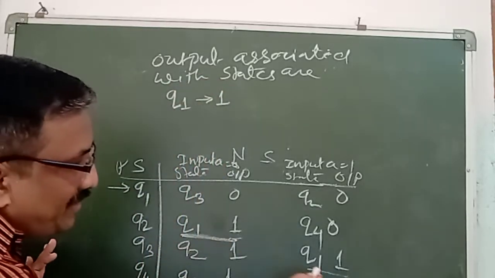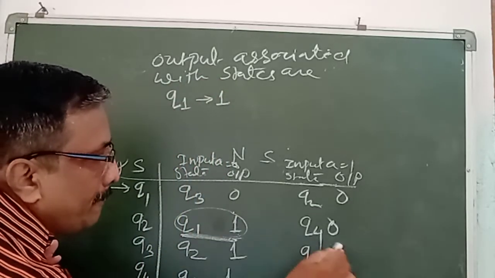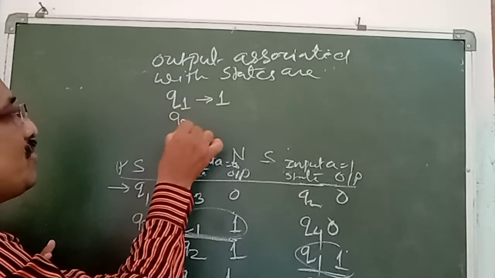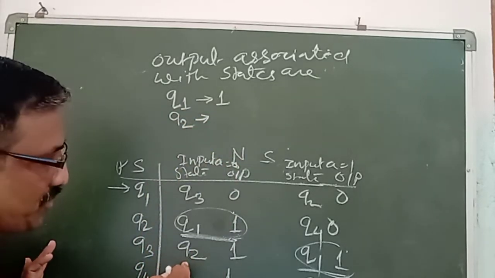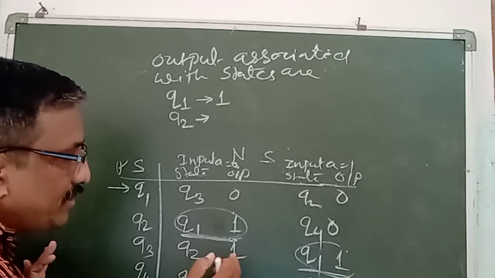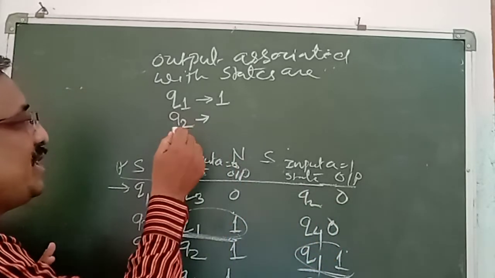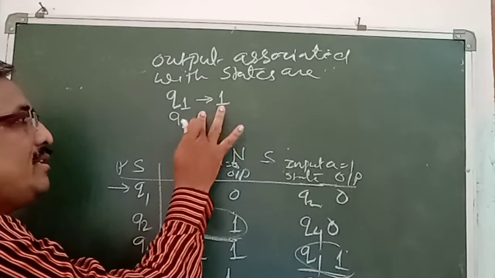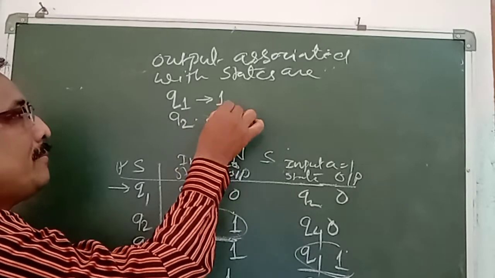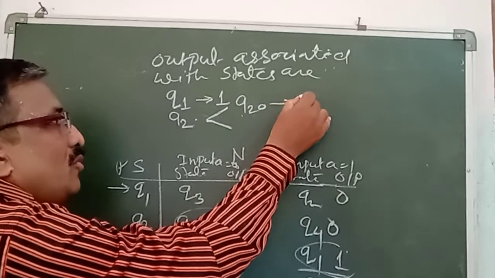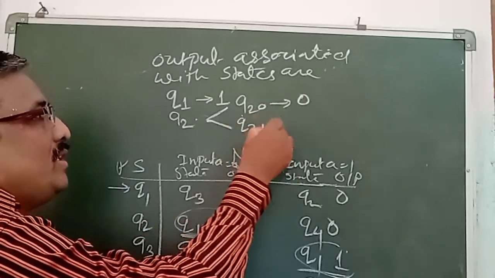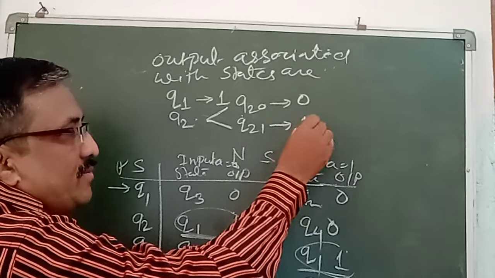Output associated with state Q2 are 1 and 0. So we split this state Q2 or rename as Q2 0, which will show output 0, and Q2 1, which will show output as 1.